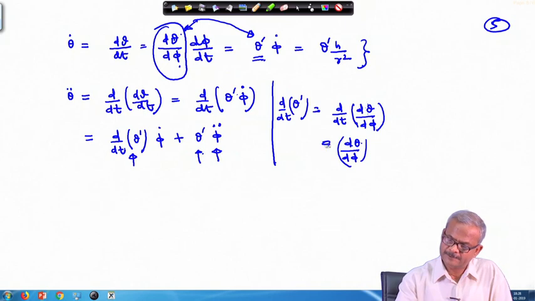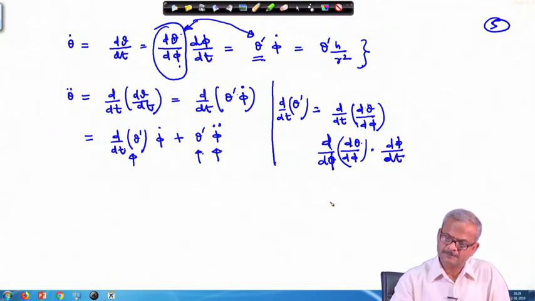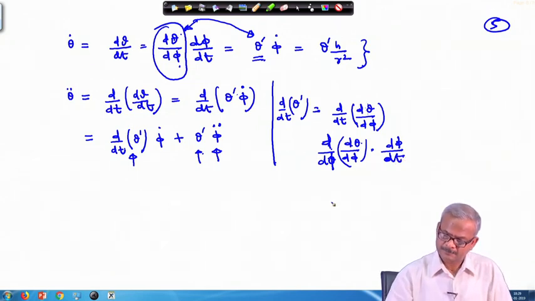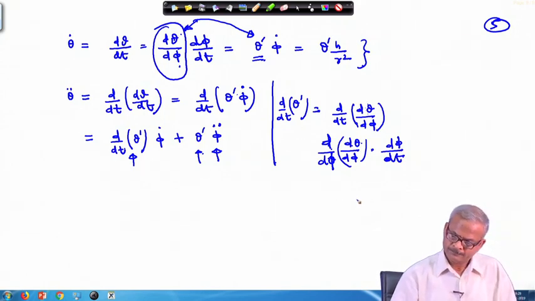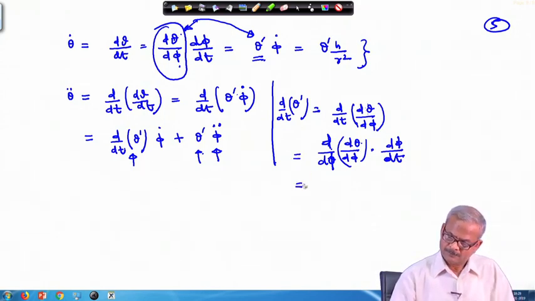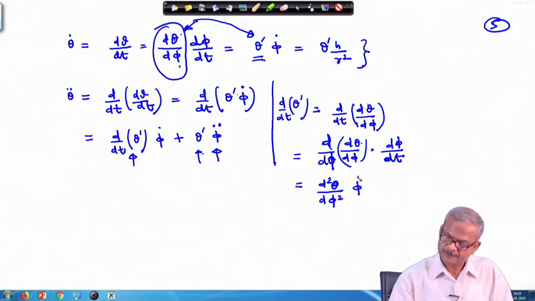So, first we differentiate it with respect to d phi and then we write it like this, d phi by dt. d square theta by d phi square times phi dot.